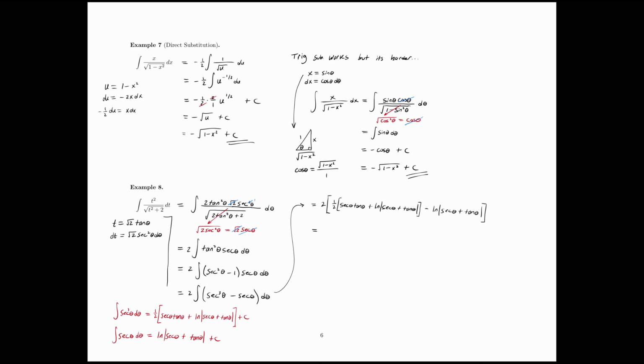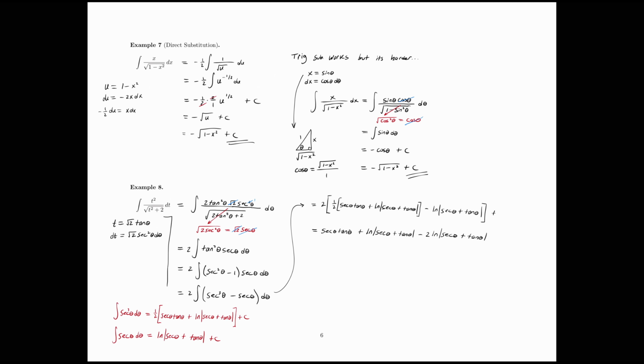All right, distribute the 2 from the outside all the way in. So this would free these two terms up. So secant theta tangent theta plus natural log absolute value of secant theta plus tangent theta, minus, and this becomes a minus 2 natural log of secant theta plus tangent theta.